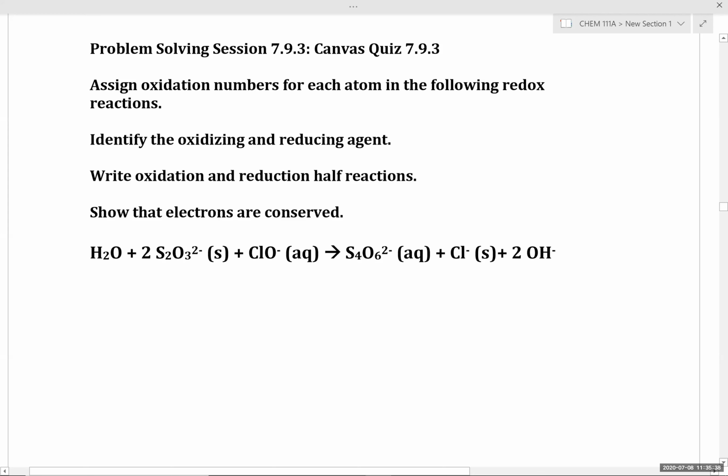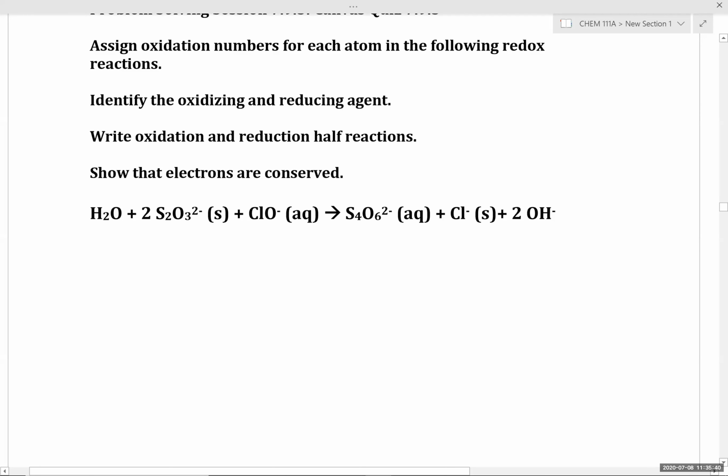So let's take a few minutes to work through this example, and we'll discuss in about 5 minutes. Don't be shy to message me your proposed half reactions in the chat, ask any questions in the chat, or ask any questions verbally.